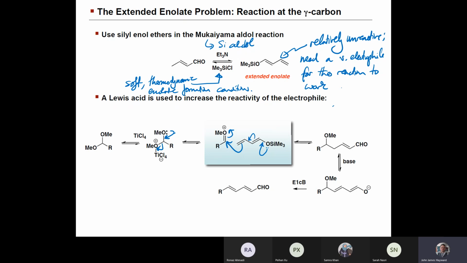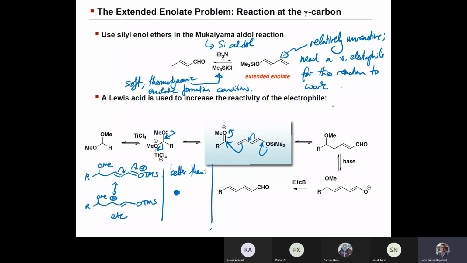The TMS enol ether reacts at the gamma position because we get a more stable cation formed. So from this intermediate, we can draw multiple resonance forms and that is therefore more stable than, wrong way around, pardon me.